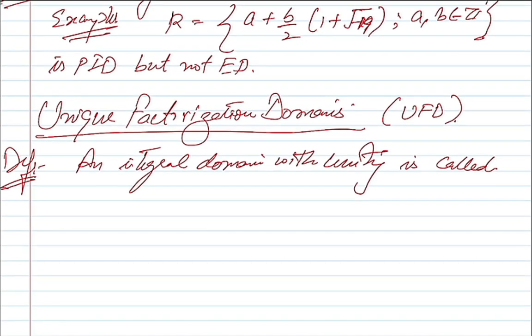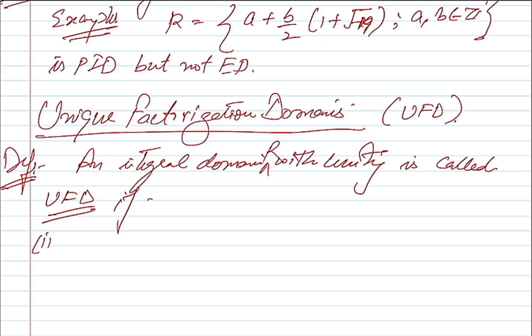So an integral domain R with unity is called a unique factorization domain if, so you must know the factorization theorem or fundamental theorem of arithmetic.